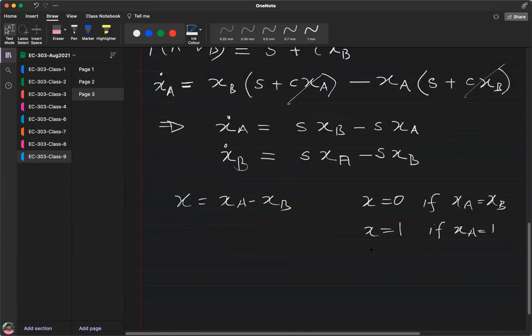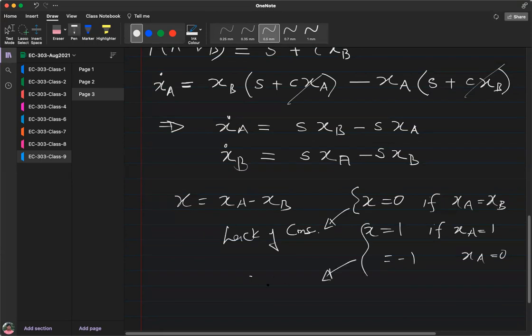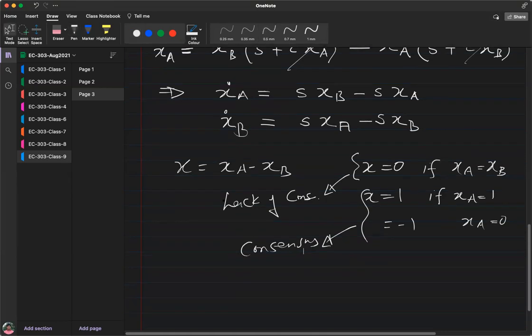Which means everybody is in A, and minus 1 if it's opposite. But this represents lack of consensus, and this represents consensus. Okay, so it's useful. So we're not necessarily interested in A and B per se, but we want to know whether the consensus has been reached.